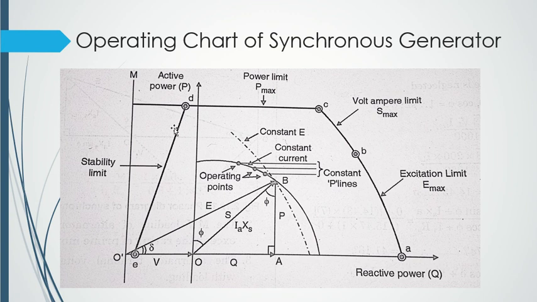Then this region which I told you I would talk about later, this DE region, is called the stability limit region. The operation in this region will be limited by my stability. But what stability? My practical stability. In the beginning of this phasor diagram I told you that theoretically the stability limit is a 90-degree load angle.